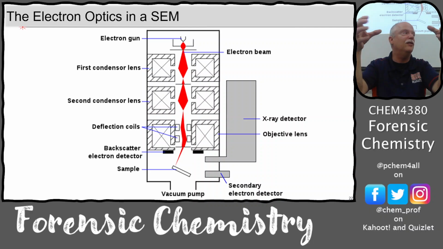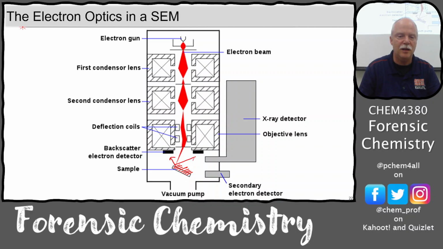Then we can steer them with these positive and negative lenses. There are also deflection coils, and we can steer that beam left and right in an XY manner, so we raster the electron beam across the sample. At every point, those electrons hit the sample and knock off secondary electrons, and those hit these detectors.